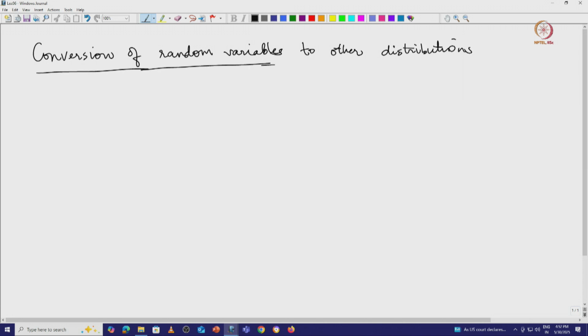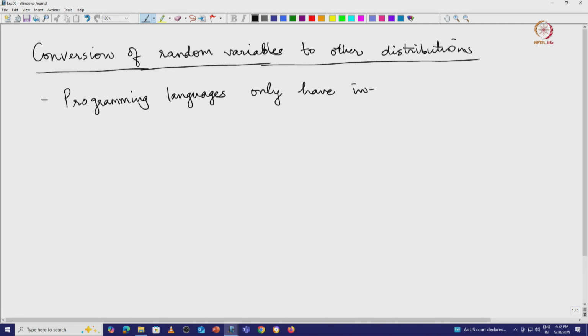Okay, so that is what we are going to look at, and like I was saying, this is useful because programming languages only have inbuilt functions for specific probability distributions.